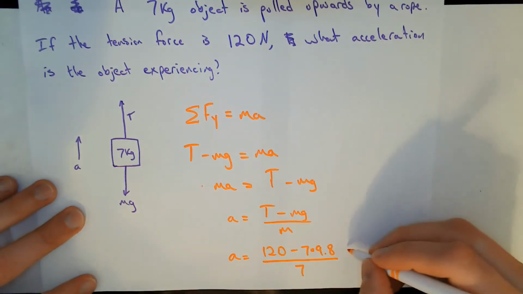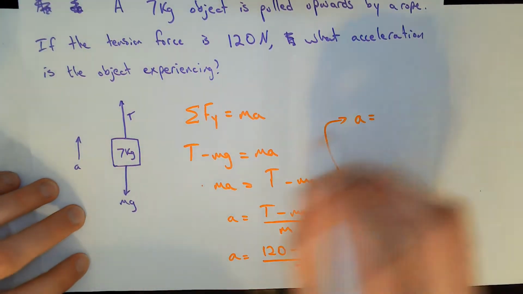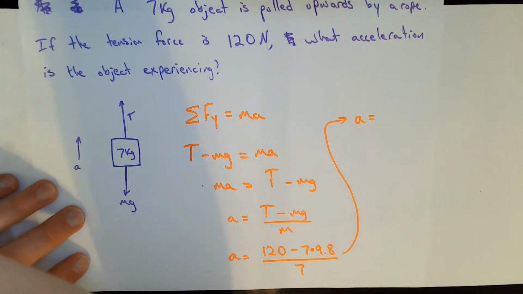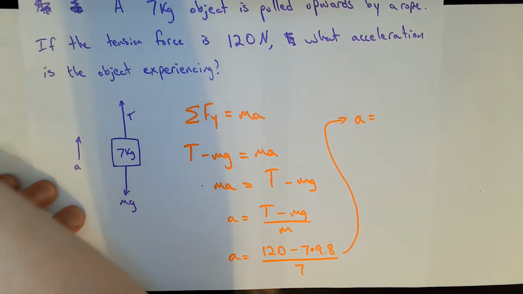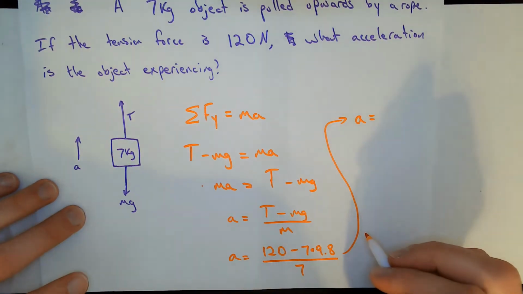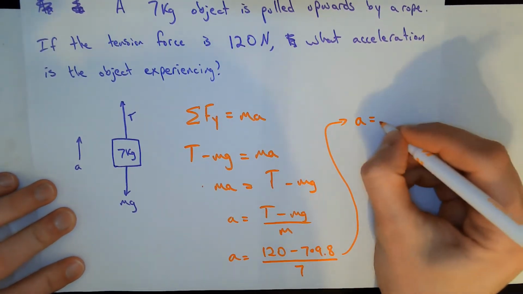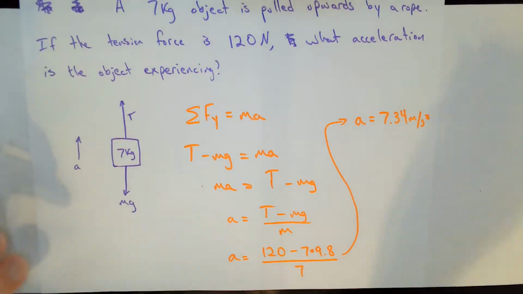That's 7.34285 and so on meters per second squared. Let's round to the hundredth place, so 7.34 meters per second squared.